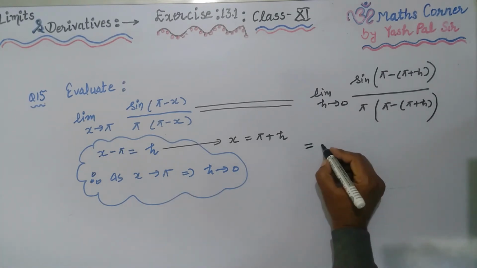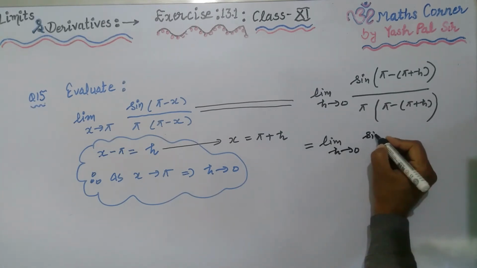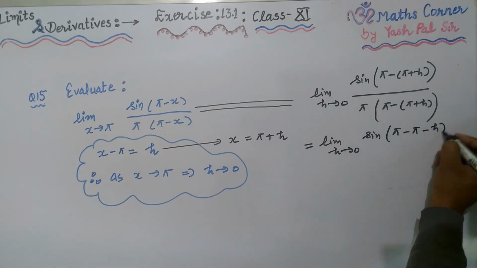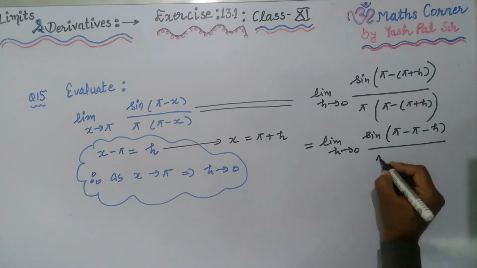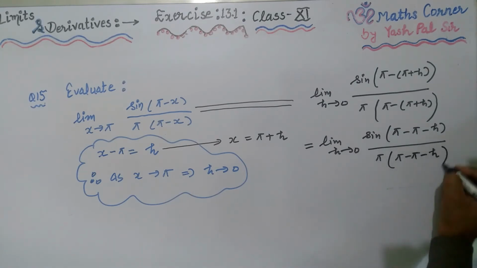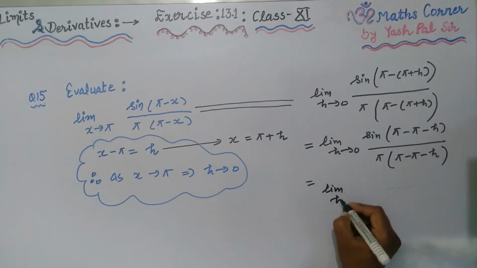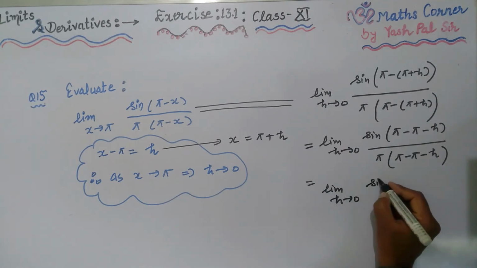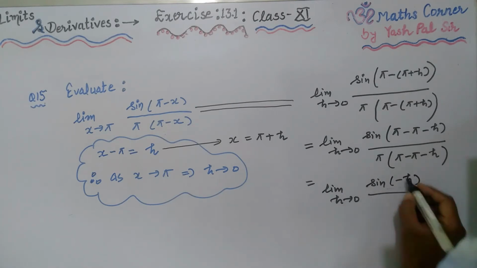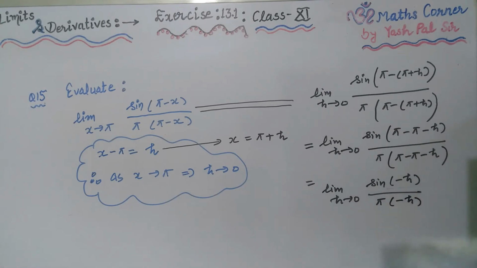So now we can write limit h approaches 0 of sin of (pi minus pi minus h) divided by pi into (pi minus pi minus h). So this becomes limit h approaches 0 of sin of (pi minus pi cancelled, minus h) divided by pi into (pi cancelled, minus h), right?